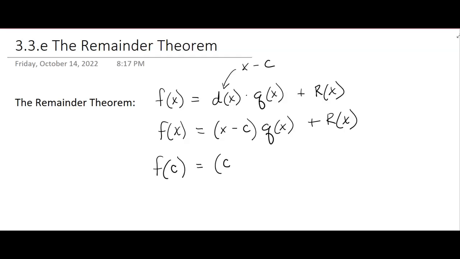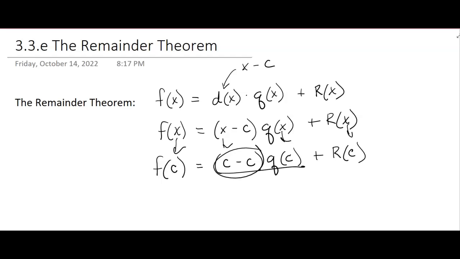Then you would have c for all those x's. All I did was put in c for every x. This is 0, so that means this whole thing is 0. So f of c, the evaluation, is just equal to the remainder.